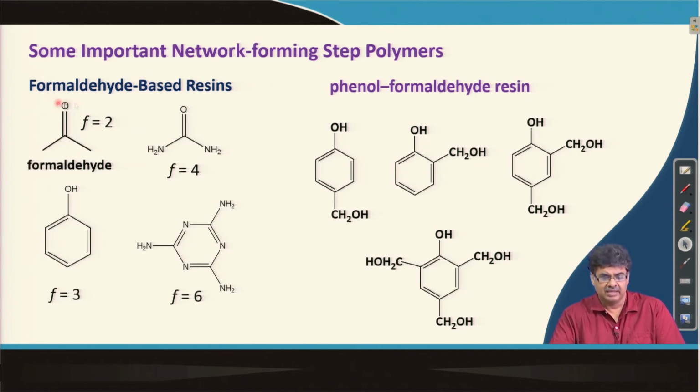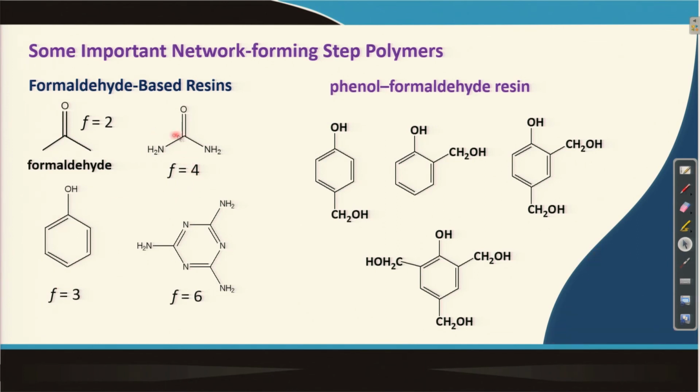One very important example is phenol formaldehyde resin, and typically these network formation products of step polymers are generally termed resins. Formaldehyde for this reaction has f equal to 2, whereas phenol has 3 places to react. So, it has f equal to 3.